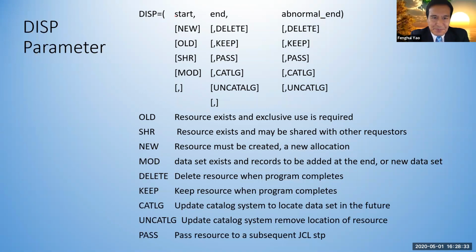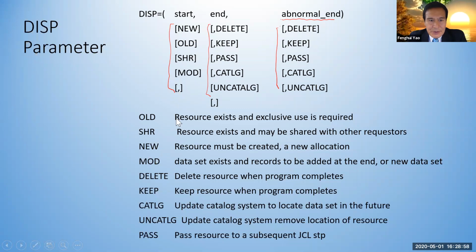This means when the job starts, it can take these values. When the job ends, it can take those values. And when the job finishes abnormally, then it can be these values, okay?